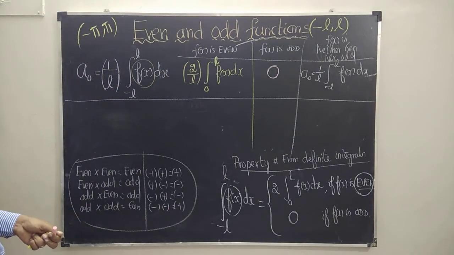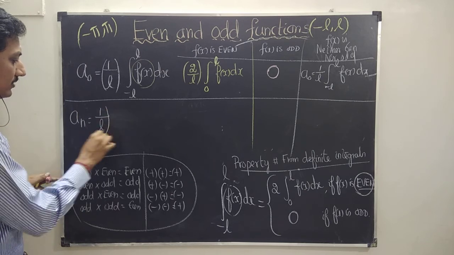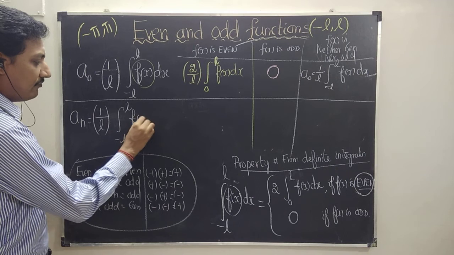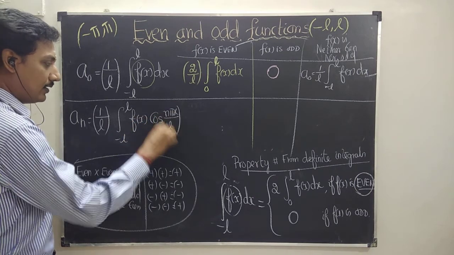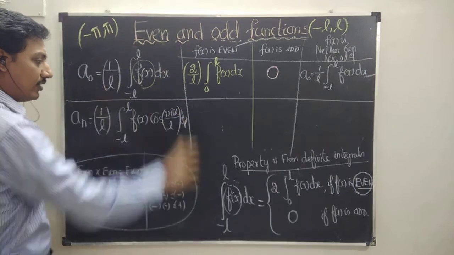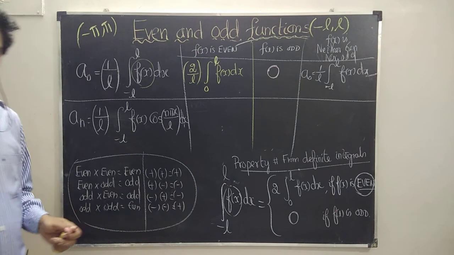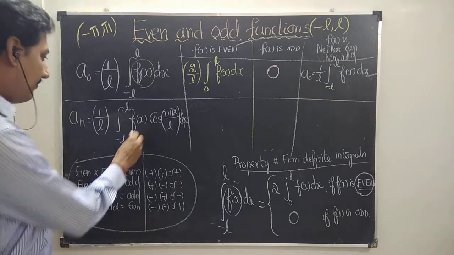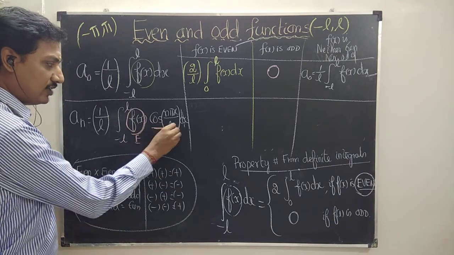What about A n? The A n formula is 1 by L integral from minus L to plus L of f of x cos n pi x by L dx. Here my f of x is even. What about the cosine function?